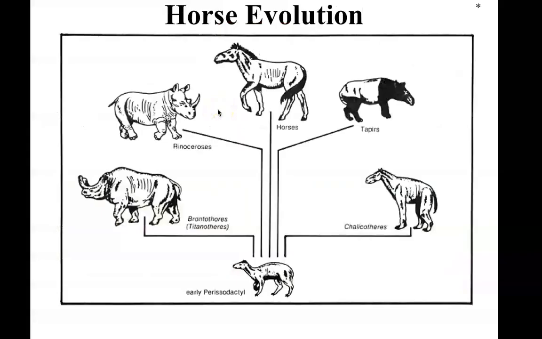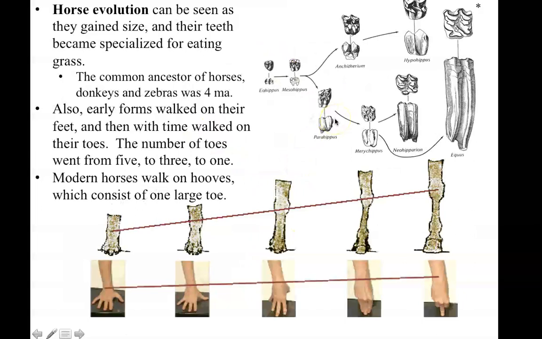All right, so let's look at some examples of mammal evolution. So horses, tapirs, rhinos, and then these extinct titanotheres and chalicotheres. These are all descendants of an early critter. So this would be the ancestor of all these species that diversified in these different ways. Let's focus on horses. So horses over time gained size and they modified their teeth.